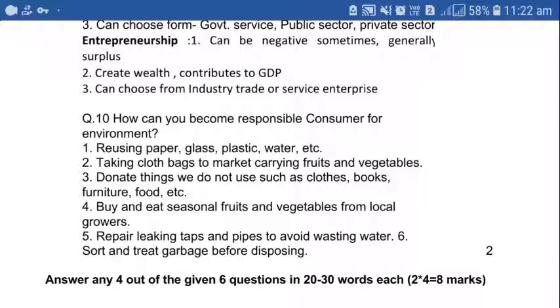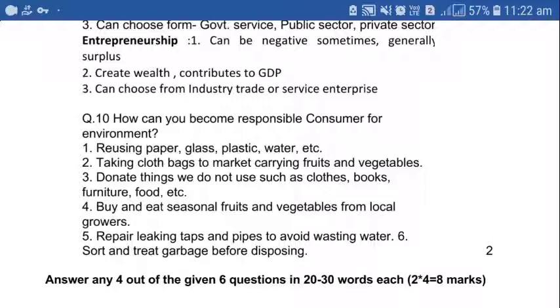You may write here, reusing paper, glass, plastic, water, etc. Second option you may write in your own words, taking a cloth bag to market, carrying fruits and vegetables. So instead of using a plastic bag, you can use a cloth bag, or you may use a jute bag that will be disposed of easily.